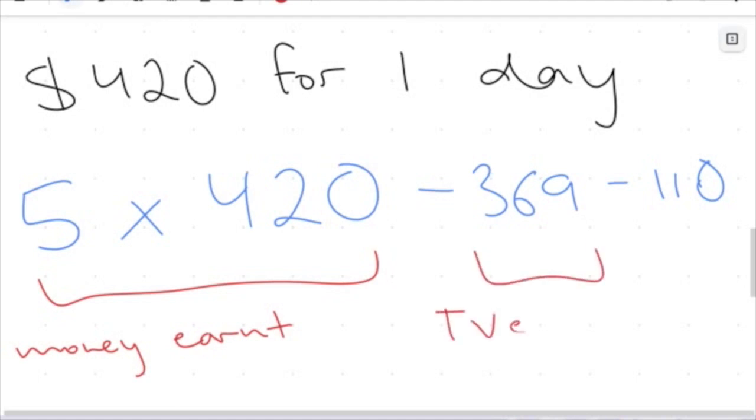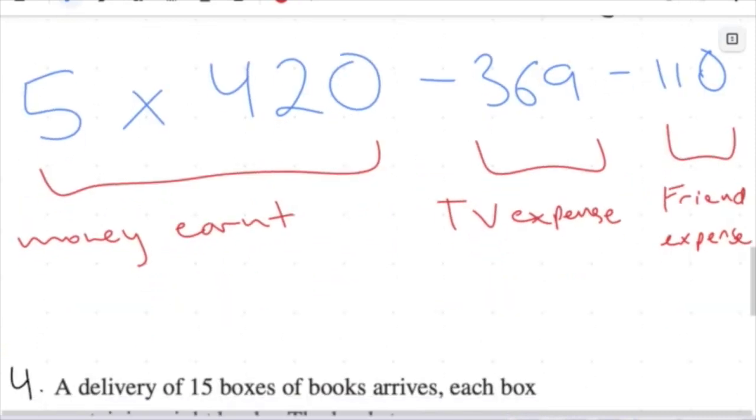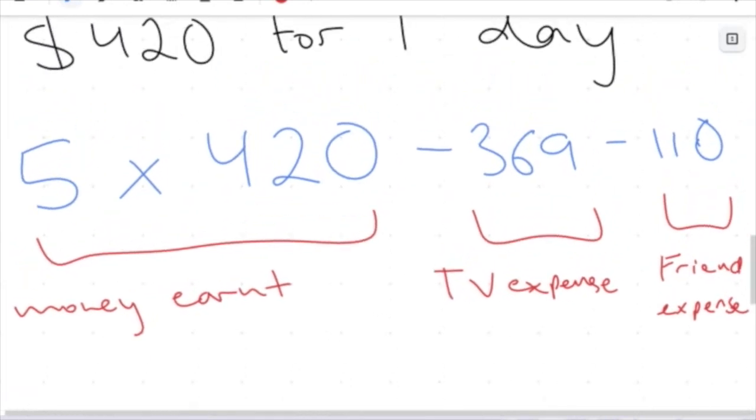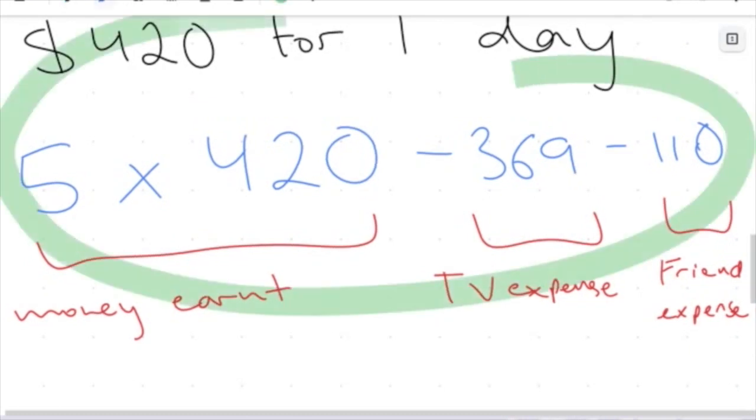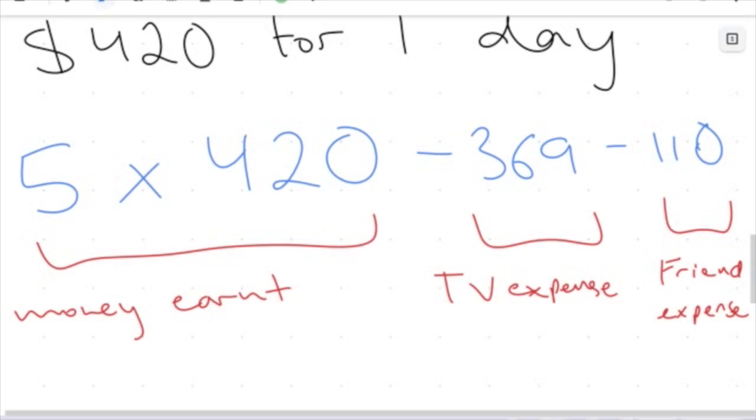So we have my TV expense and my friend expense. This is the money he's losing. We have the money earning and the money losing. Now, our order of operations tells us once we have it in this form, perfect, we can now solve this like we would any other order of operations question.